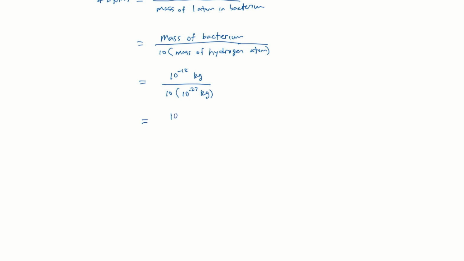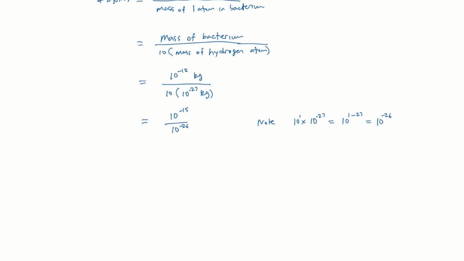And so this is 10 to the minus 15 over 10 to the minus 26. Note that 10 times 10 to the minus 27, we have a power of 1. So this is 1 minus 27 for 10 to the minus 26.